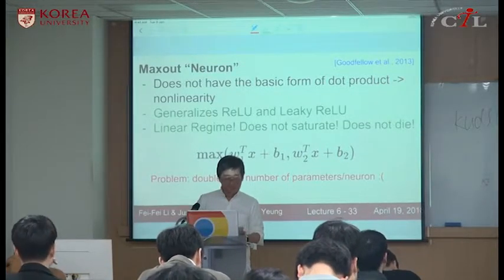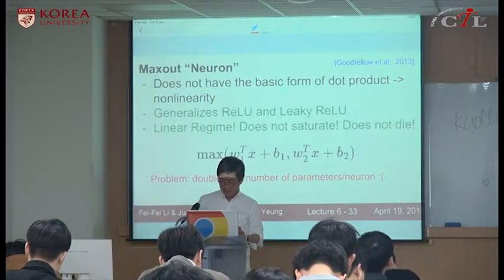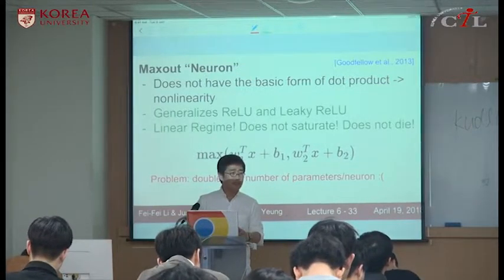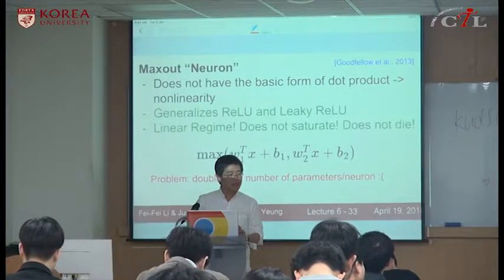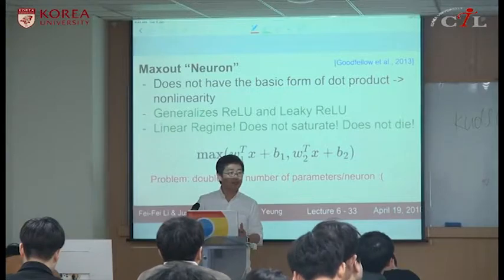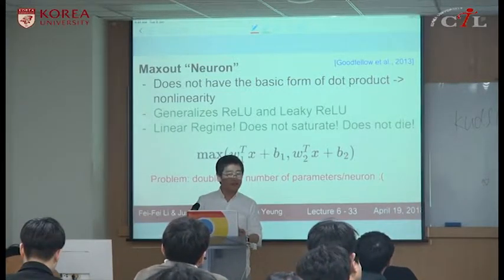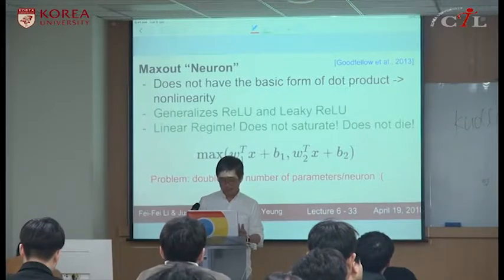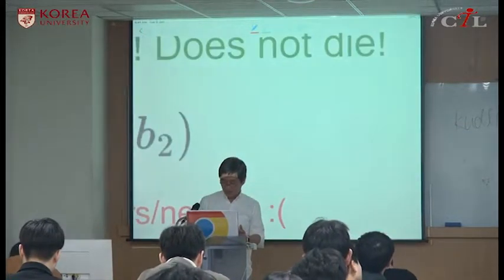Okay, then let's briefly discuss this Maxout neuron. In the case of a Maxout neuron, you can understand it in a way that it doesn't actually have any additional nonlinear unit. Although it has this max operation, you can think of it in this manner.